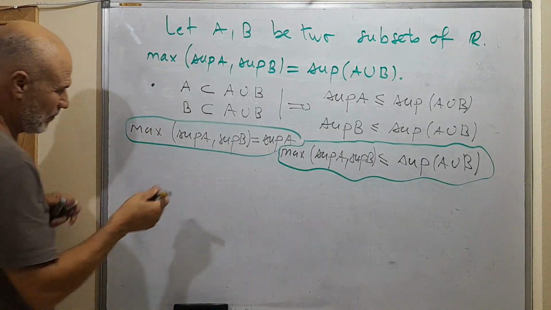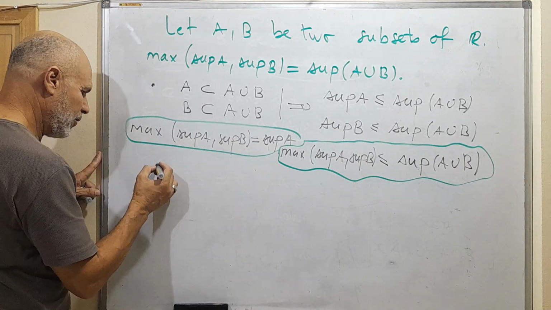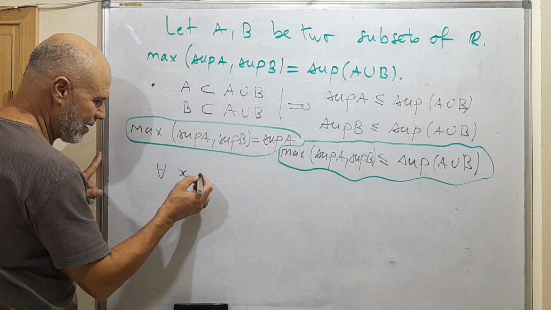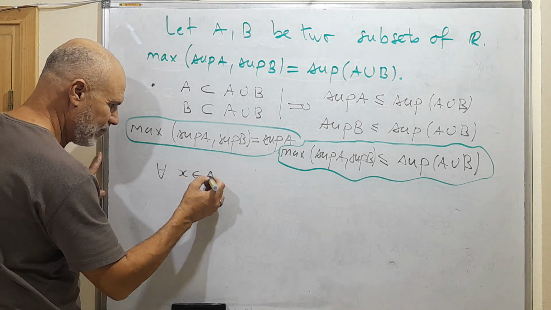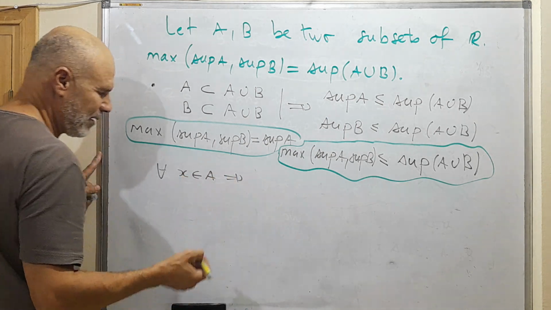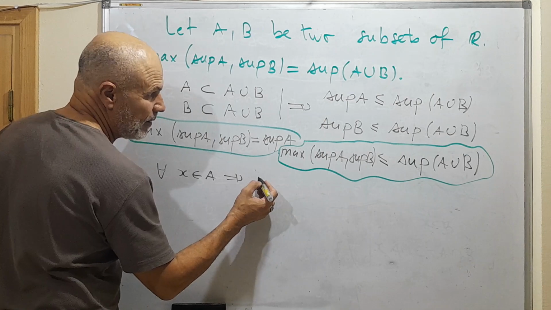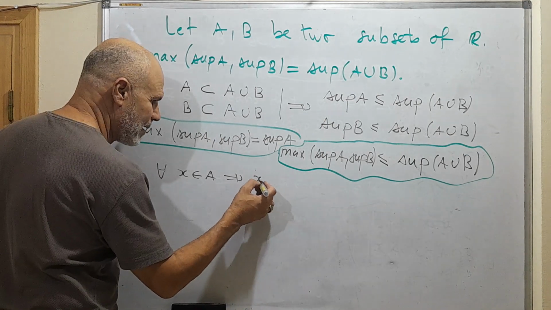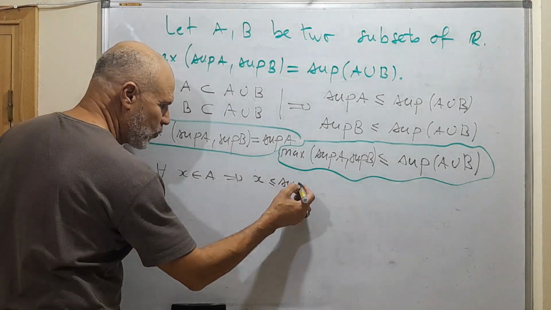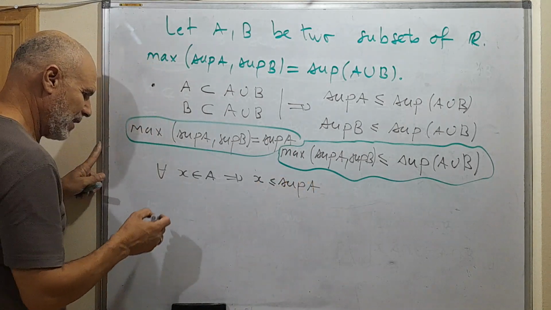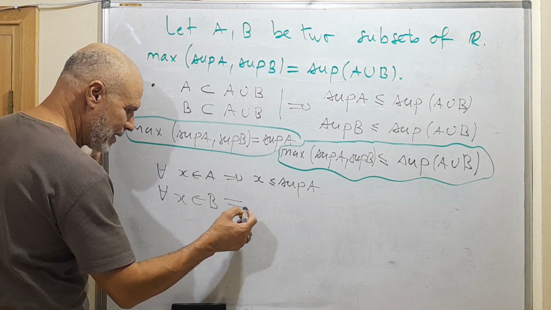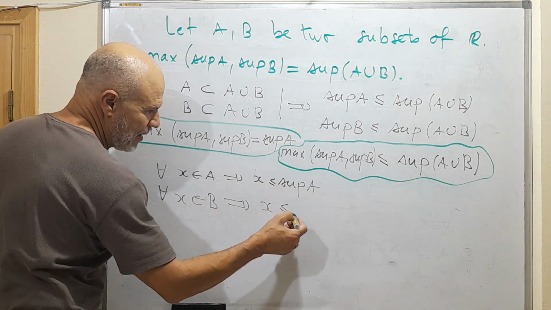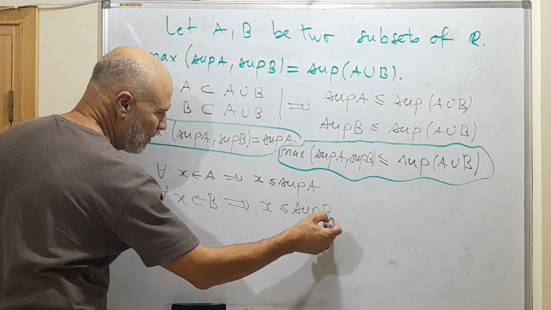For all x in A, this implies that x is less than or equal to the supremum of A. And for all x in B, this implies that x is less than or equal to the supremum of B.